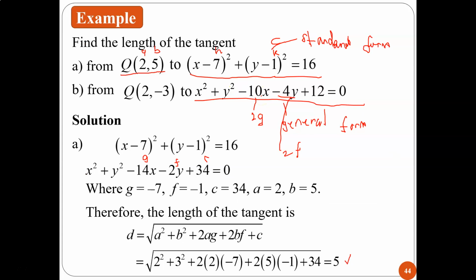Sorry, I forgot to put the solution for B, but it's quite similar to the one for A. For B, it is much easier because we already expanded it for you. So you just need to compare. You find your G, your F, and your C equal to 12. Then this is your A, this is your B. So you just substitute it back into this equation and you will get D, the length.